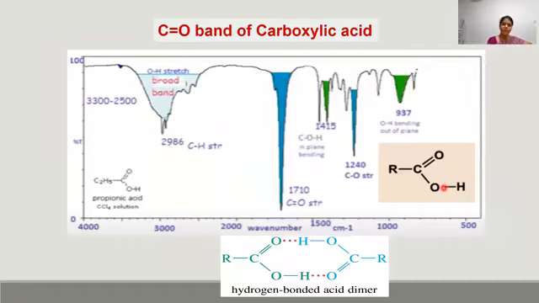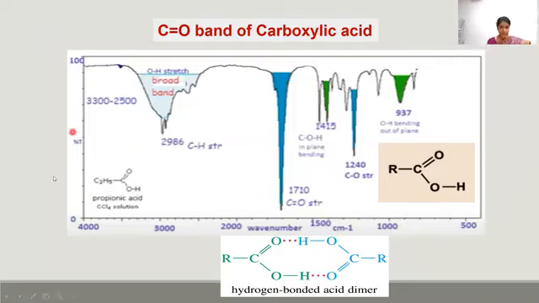Carboxylic acid. It is very simple to diagnose. Carbonyl with a broad band from 2500 to 3500 centimeter inverse shows the presence of hydrogen bonding in the carbonyl compound, which is only possible in acids.